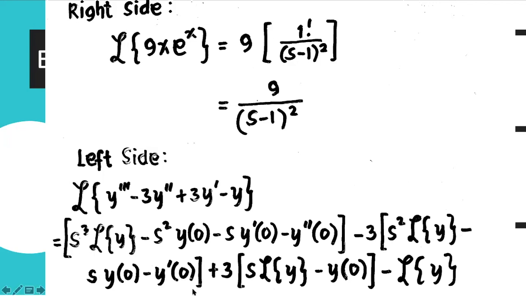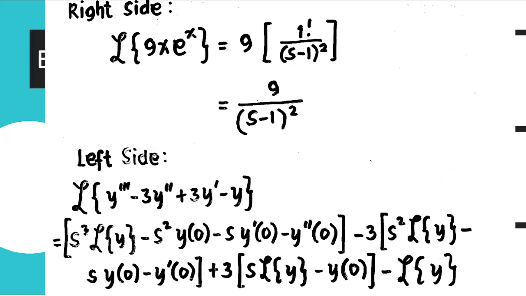Okay, so you put a grouping symbol since we have a negative outside. And then the third term will be to find the Laplace of 3y prime. So 3 is a constant, so you put that before the Laplace symbol. So we have 3 times the Laplace of y prime, which is equal to s times Laplace of y minus y of 0. Okay, and finally we have minus the Laplace of y. So you just have to write it in this form.